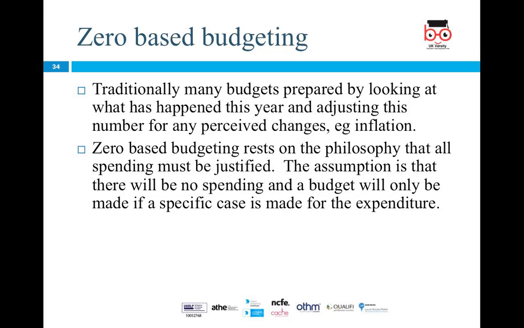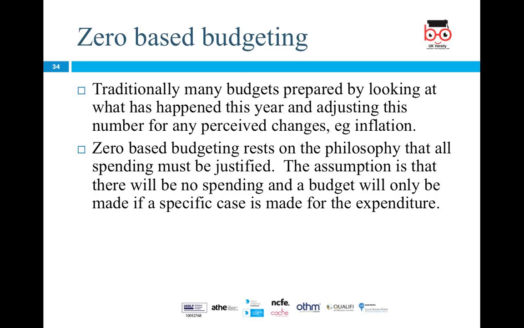There is also zero-based budgeting. Traditionally, many budgets are prepared by looking at what has happened this year and then adjusting the numbers for any perceived changes, like changes in inflation. So that could happen and be adjusted, but zero-based budgeting rests on the philosophy that all spending must be justified.